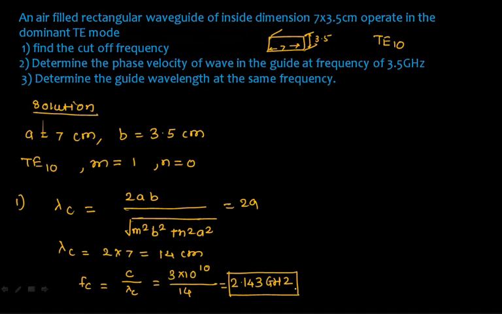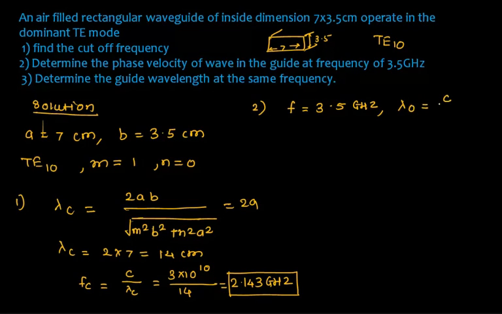Now we are going to the next part, which is to determine the phase velocity. If I'm interested in the phase velocity, the frequency is given. For which frequency are you interested? F is 3.5 gigahertz. So what about lambda 0 here?